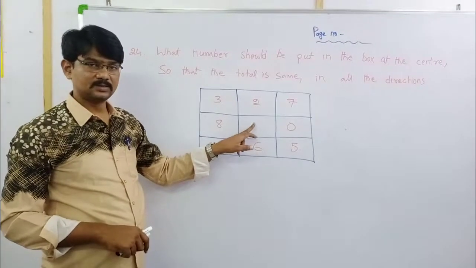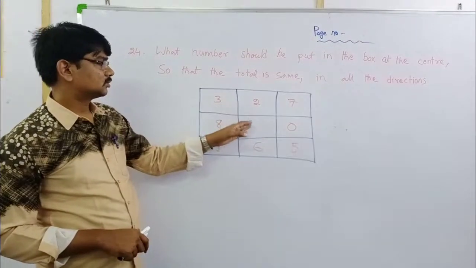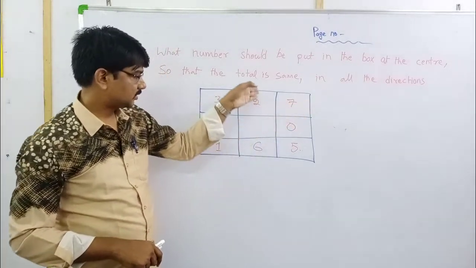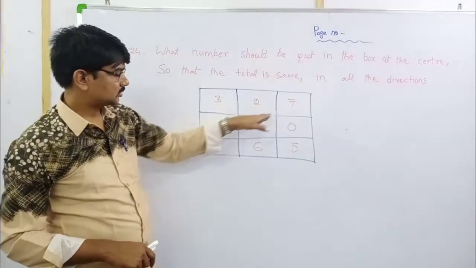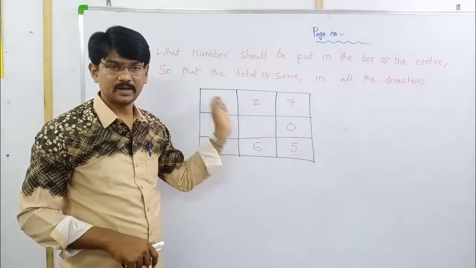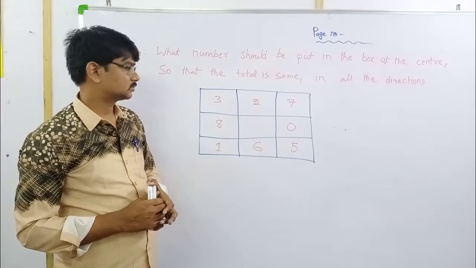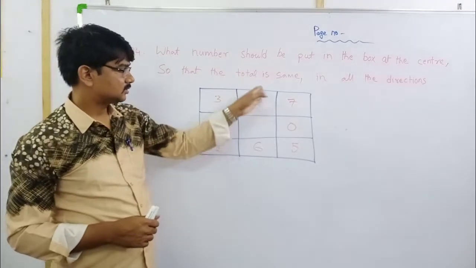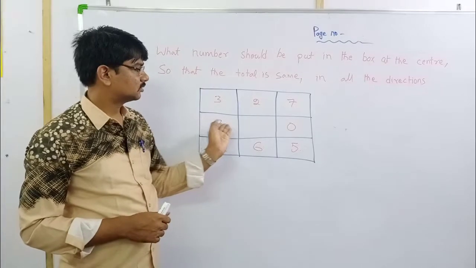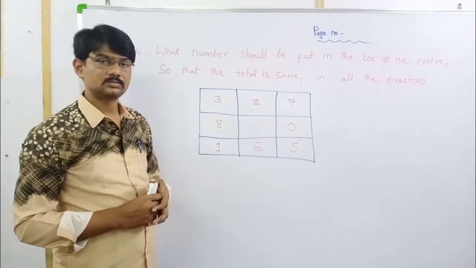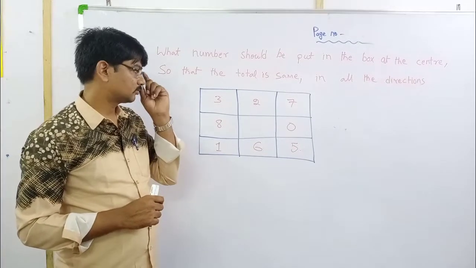After putting the number here, all the totals, this side and this side, in all the directions, straight and cross, the total should be the same.